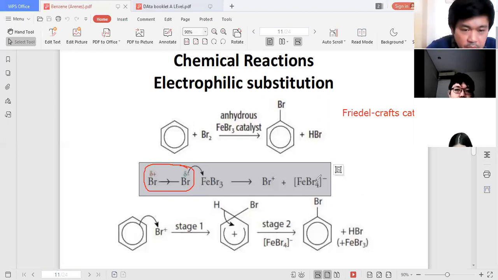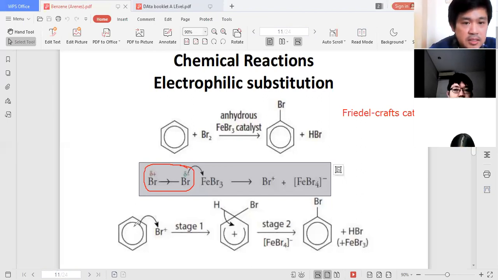And then what is happening here? Why is there a ring and then a curly arrow to the Br positive? We know that benzene has an overlapping pi bonding system.